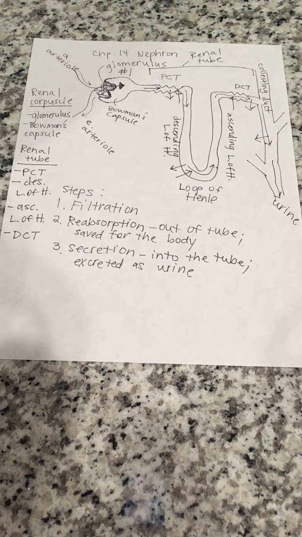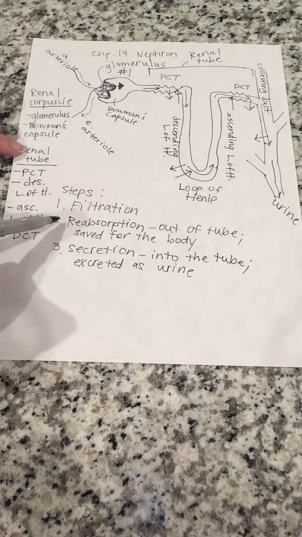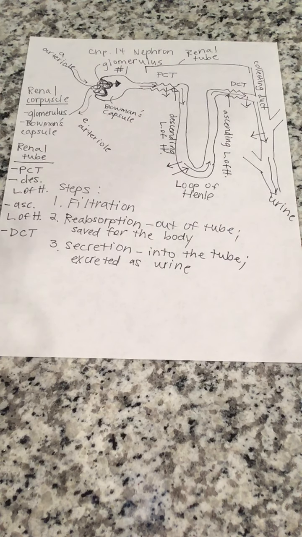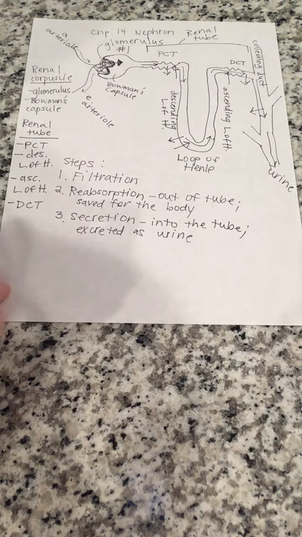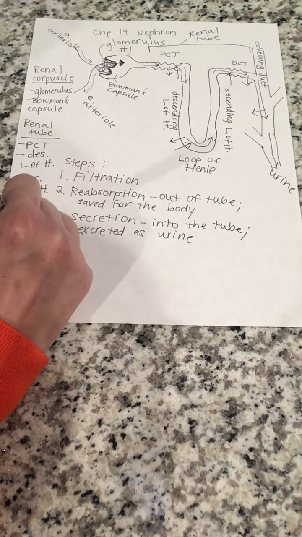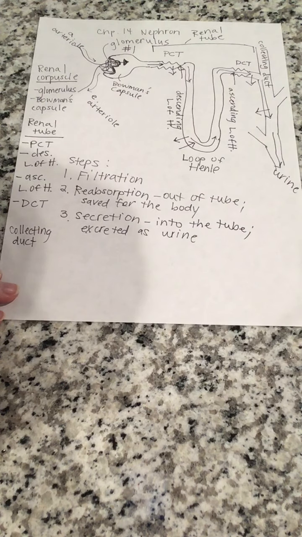Okay. And then lastly, there are some sources that consider the collecting duct part of the renal tubule, because things like reabsorption can still happen in the collecting duct, and that is something we'll go over in the other PowerPoints. But I'm just going to throw the collecting duct down here so we don't confuse anybody. It's not technically part of the renal tube, but it is the next step.